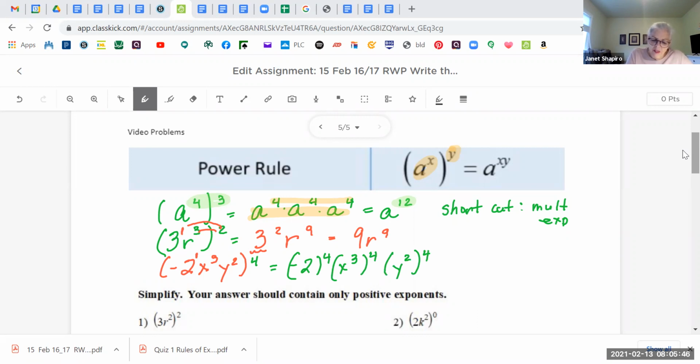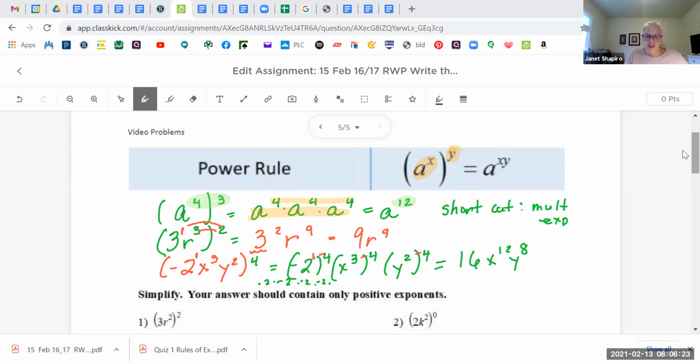And so with the negative 2, that means negative 2 times negative 2 times negative 2 times negative 2. All right. And that would give us a positive 2 times 2 is 4, times 2 is 8, times 2 is 16. So that would give us a positive 16, x to the 12th, y to the 8th. Again, the shortcut is to just multiply these powers.